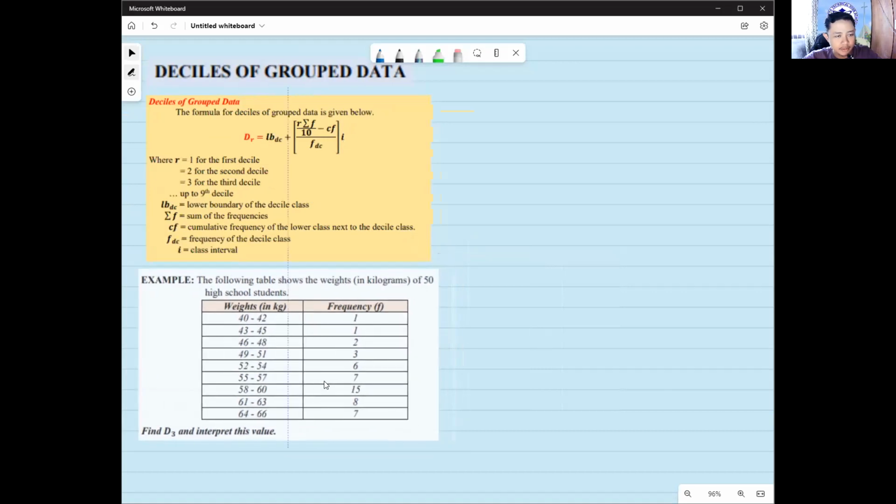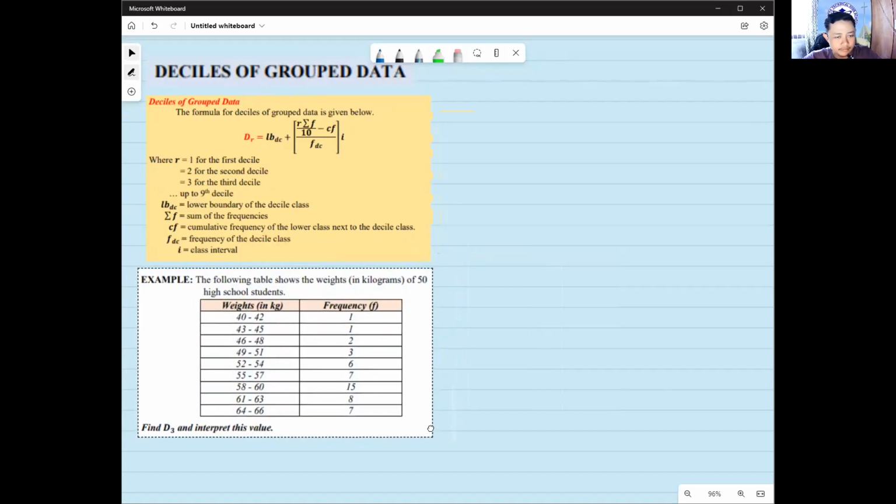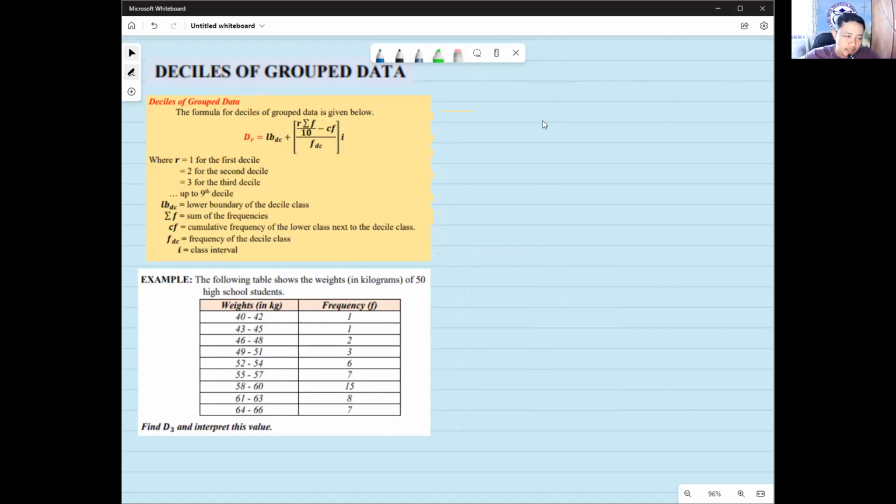So in this example, we have the following table shows the weight in kilograms of 50 high school students. This time, the number of data is already big because mas marami na. And if we will be using the ungrouped data, that's quite confusing. If you are using Excel, no problem.